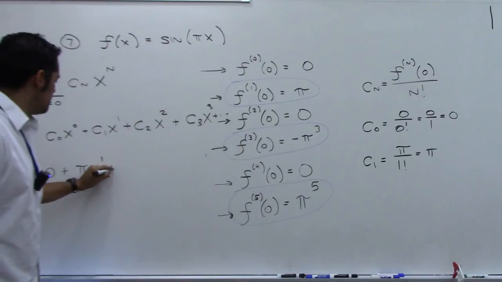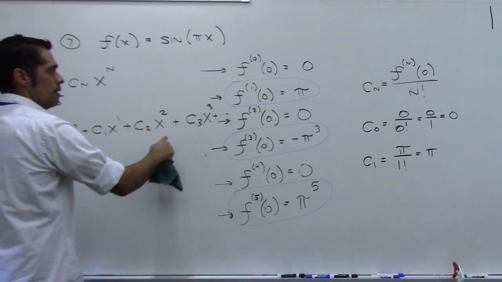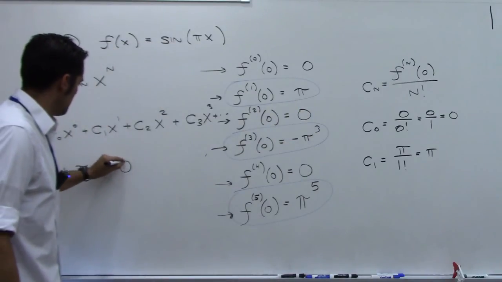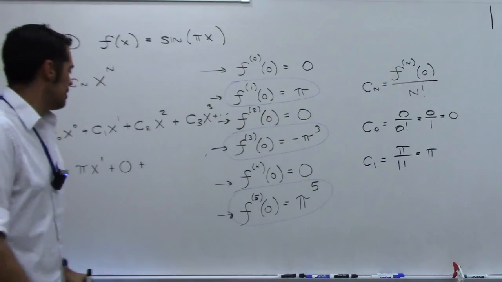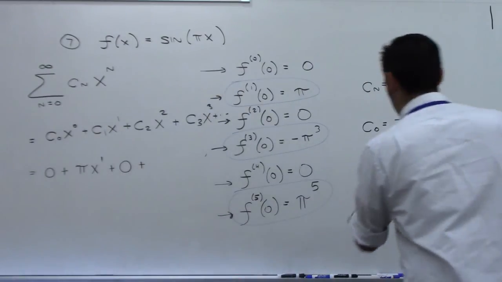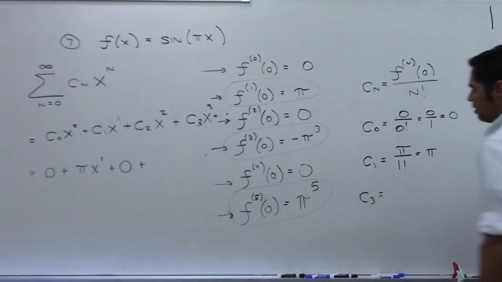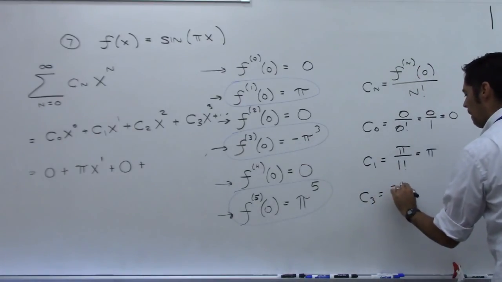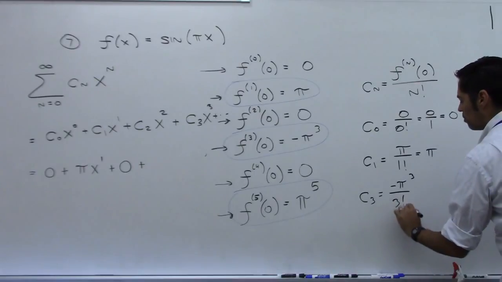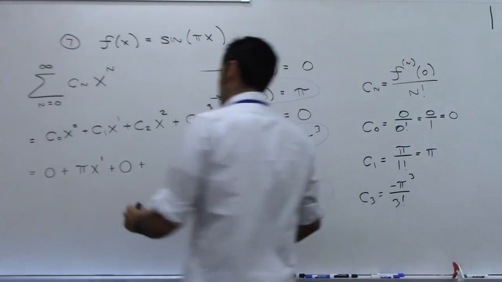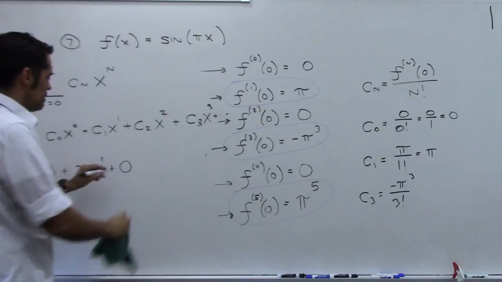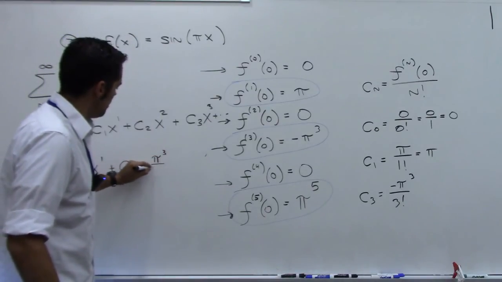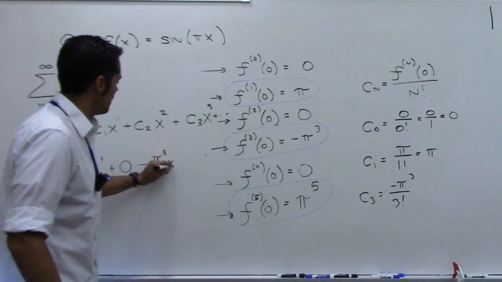Then when I do c sub 2, it's going to be the second derivative. That's going to be 0, so I'm not going to have anything. Plus, now when I do c sub 3, watch what happens. C sub 3 is the third derivative at 0, which is negative pi cubed over 3 factorial. So I'm going to change this plus to a minus: minus pi cubed over 3 factorial x to the third power.